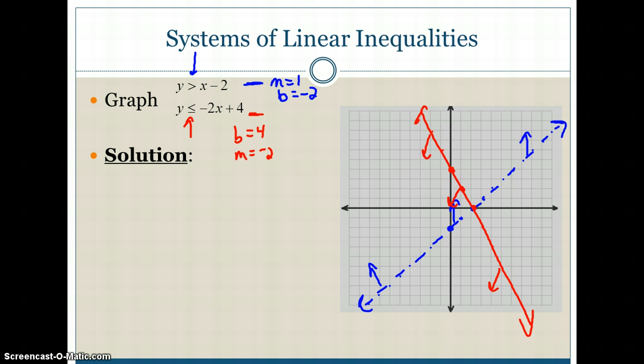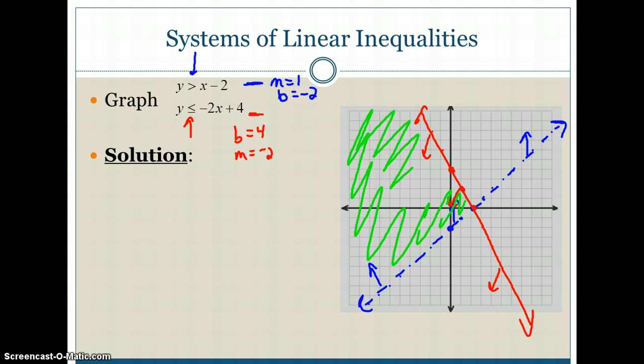And now we look for the section that has arrows from both lines in it as our shaded area, and that is this area here. So if we were asked to state a solution to this system, we could pick any ordered pair in that shaded area.